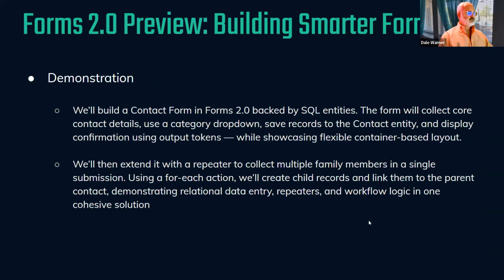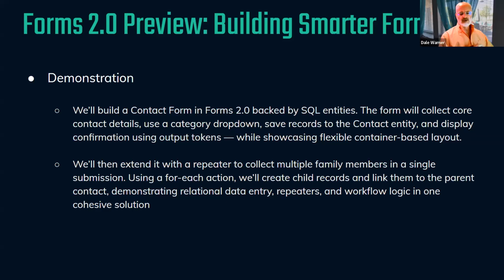The demonstration is that we're going to build a contact form of sorts. Probably that's one of the most common starting places people do with action form, and we assume will be the same with Forms 2.0. By the way, Forms 2.0 is a bit of a placeholder. I don't know if that's what it's going to be called or something else, but it's our next version, our second major version of forms.